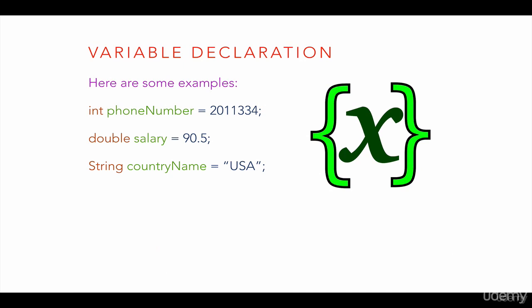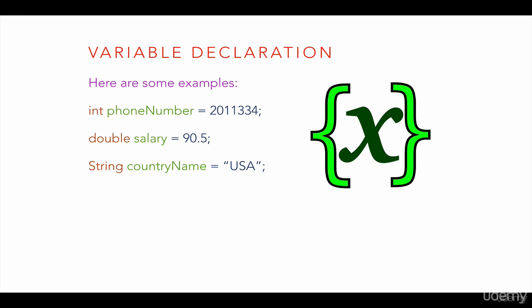Okay, as you can see, I'm starting my variable name with a lowercase letter, and for the next words, I'm using an uppercase letter. For example, phoneNumber, countryName, or tableName. Okay, or other names which we will be more familiar with later in the course.